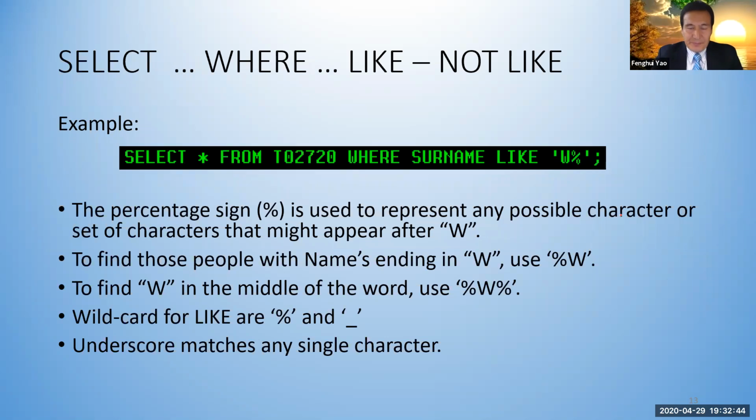All right. This example shows how to select multiple columns that meet the condition, like or not like. So look at this example. It shows select all from this table. Now this is the condition: surname like single quotation W followed by percentage, then closing single quotation.